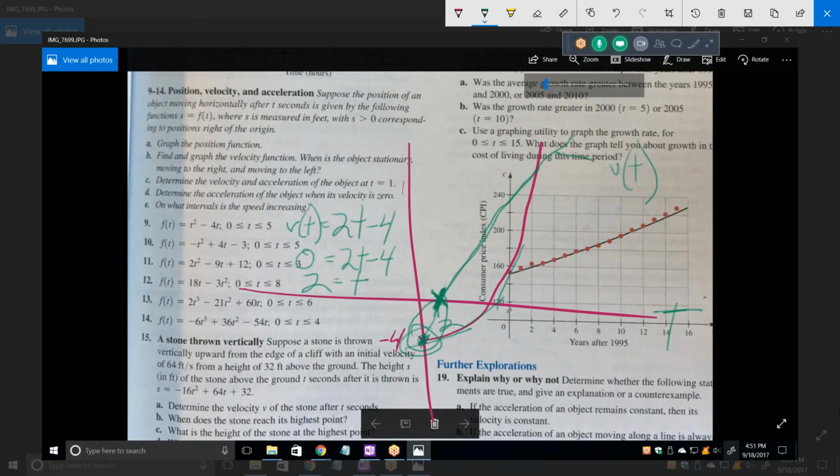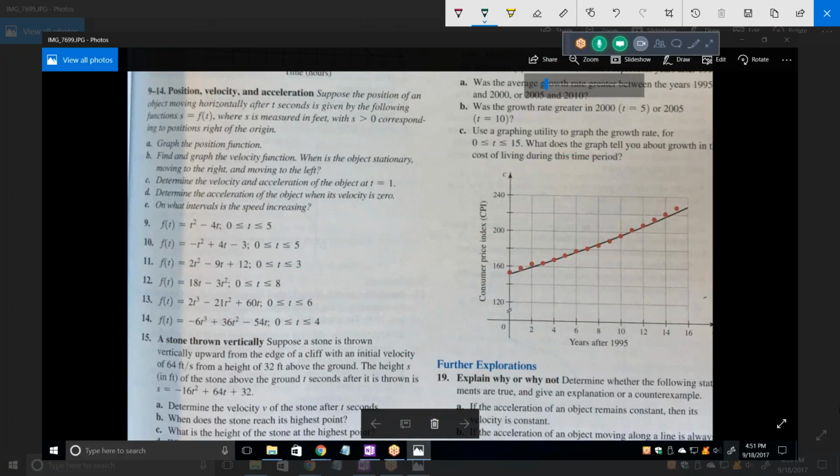Okay. Determine the velocity and acceleration of the object at time equals 1. Well, this is actually much easier to do without the graph. Remember what acceleration is. Well, first of all, velocity is equal to 2t minus 4. So wouldn't acceleration just be 2? Yes.